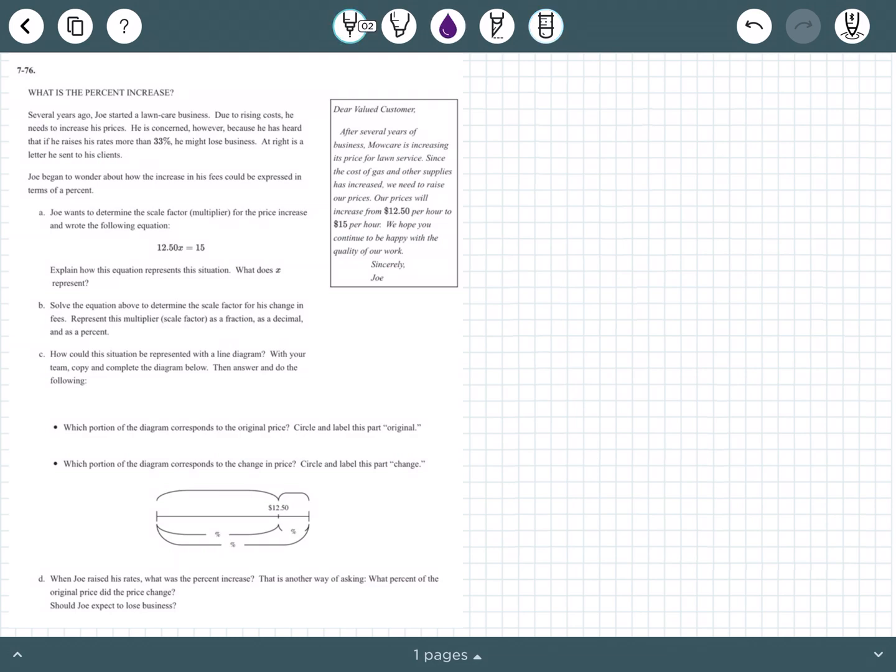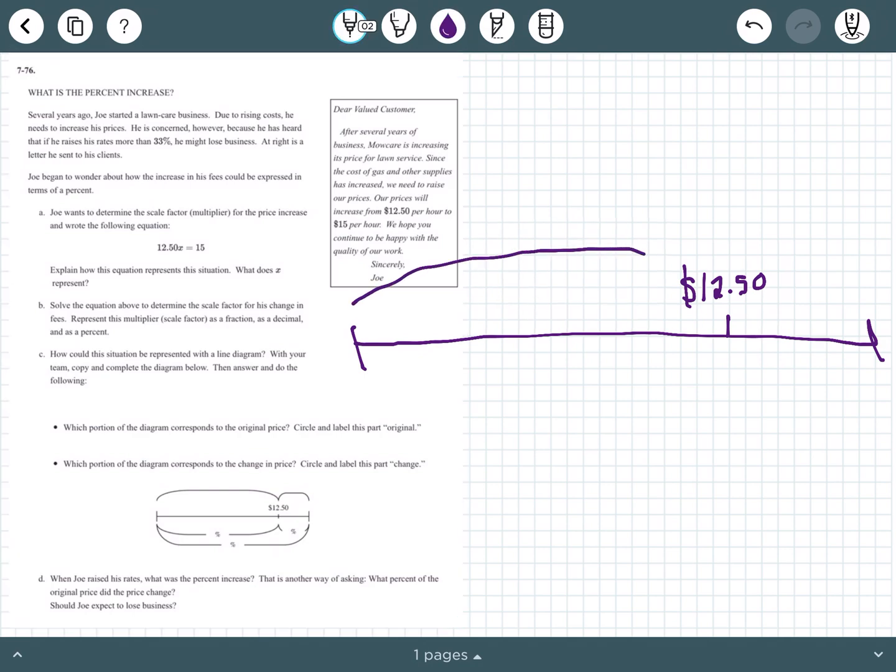What I'm going to do first is copy down exactly what they give me. We know about this point right here, they have it labeled $12.50. They give us a few other things to put.